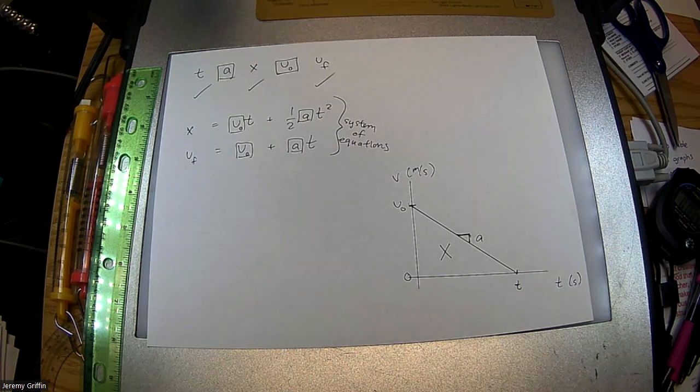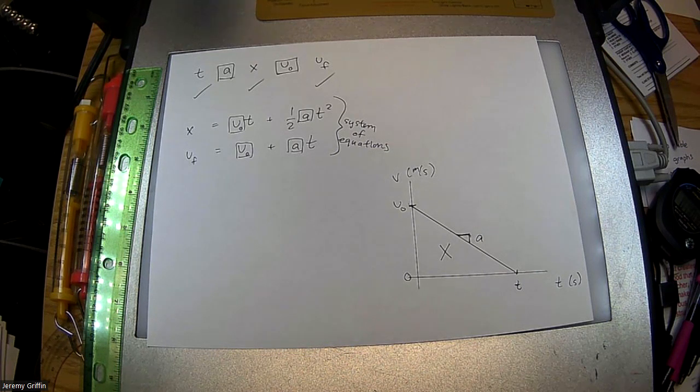Okay, yeah, x. But if we're looking at a velocity versus time graph, is that going to be a coordinate, a slope, or an area? The area, right? Is the area under a v versus t curve equal to the displacement?